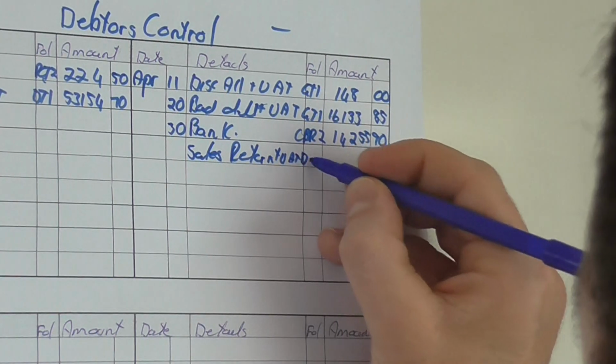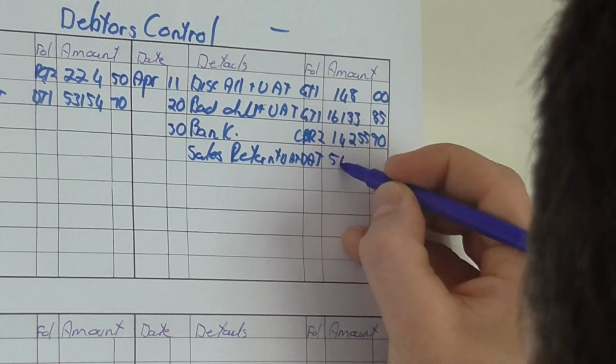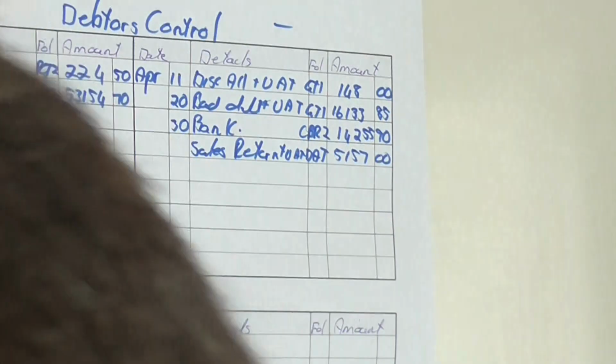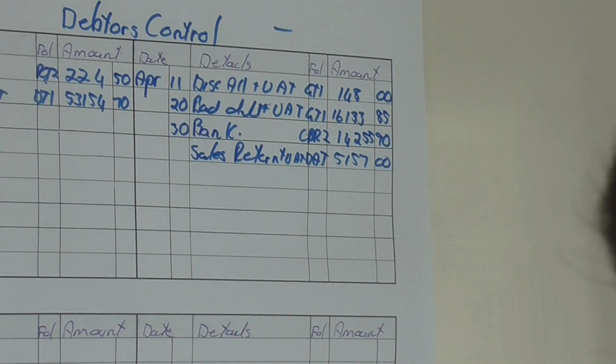Debtors allowance journal. Sorry, I now write very ugly. And 5157. Alright, so now all we need to do is balance it. So let's quickly balance it.